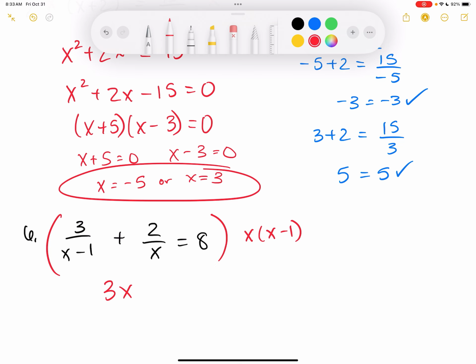On the second part, when I multiply 2 over x times this, the x's cancel, so I would have 2 times x minus 1, or you can write it as plus 2x minus 2, equals, and then over here I would have 8 times all of this because nothing's going to cancel on that one, so I would have 8x squared minus 8x.